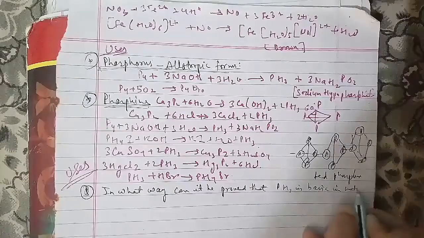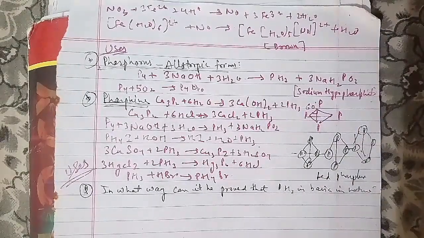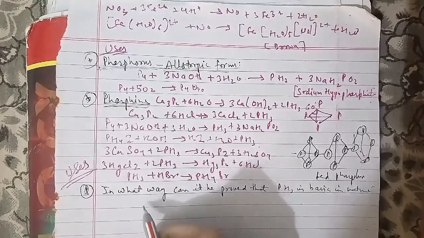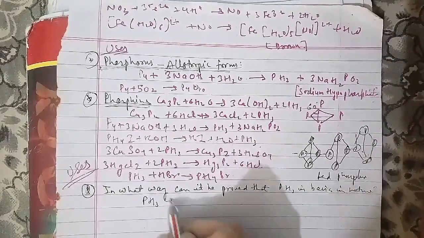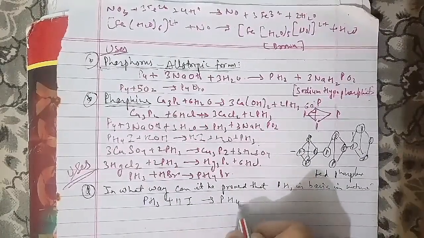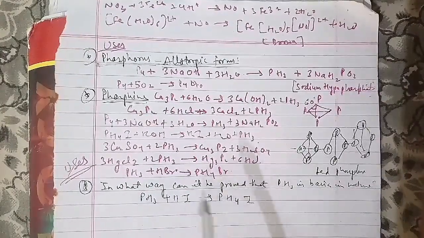Phosphorus forms two types of halide, which is PX3, where X can be fluorine, chlorine, bromine, iodine, and PX5, where X can be fluorine, chlorine, or bromine. So first we'll discuss phosphorus trichloride, then phosphorus pentachloride as well. So all the halides we have to discuss.